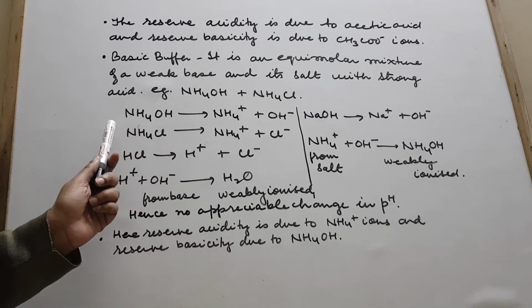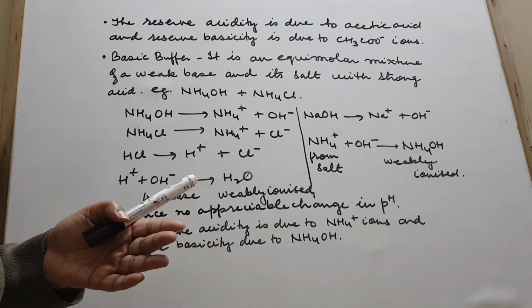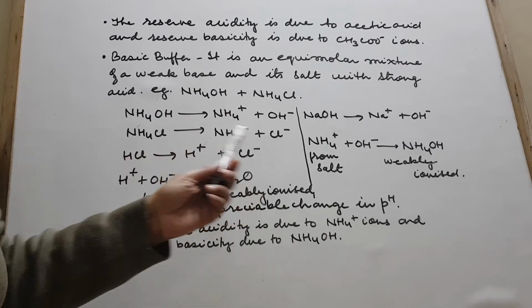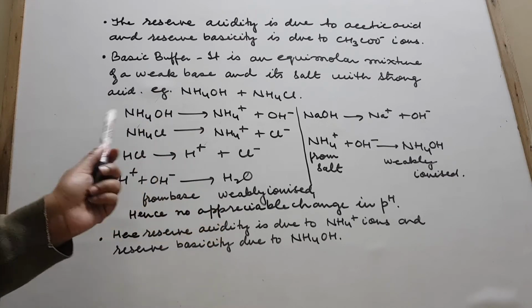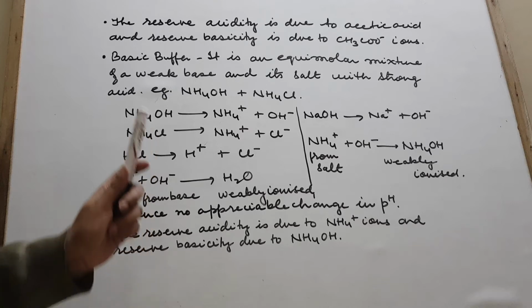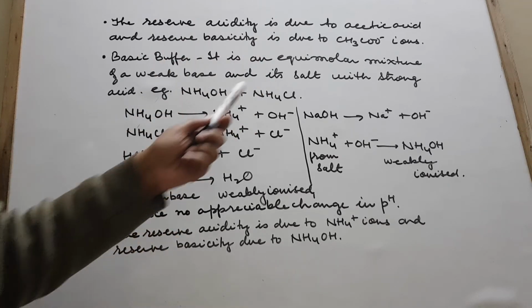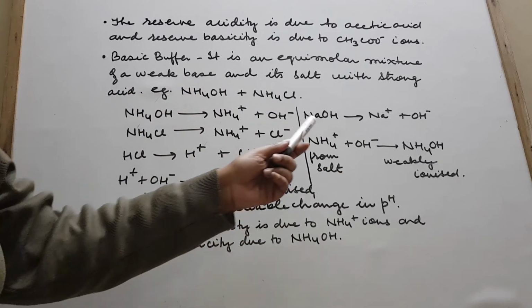Or instead of saying NH4Cl, because it sounds very strange that I'm saying reserve acidity is due to NH4Cl, you know, NH4Cl is a salt, that's why they just said NH4 plus ions. It can be anything, chloride or whatever, that's immaterial, because chloride was not playing any role anyway here. That's why they just said NH4 plus ions.